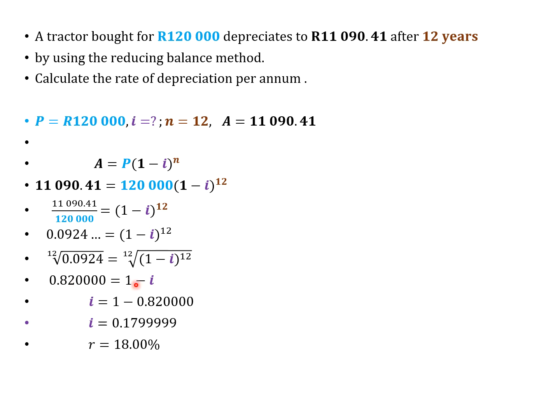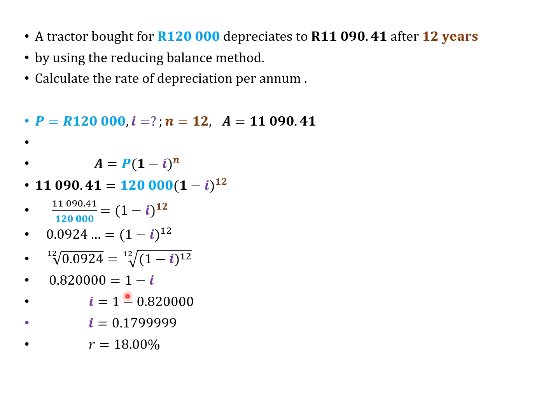0.82, continuing, equal to 1 minus i. If I take negative i across, it becomes positive. If I leave the 1 there and bring that across, it becomes negative 0.82. So 1 minus that would give me 0.17999 going across. From there, if I multiply by 100, it becomes 17.9999, which then rounds off to 18%.